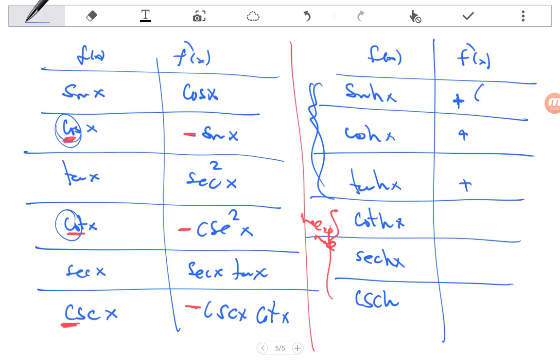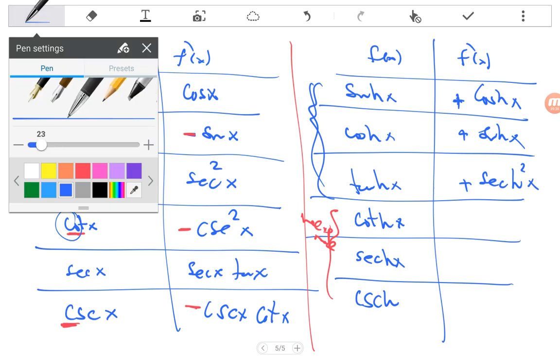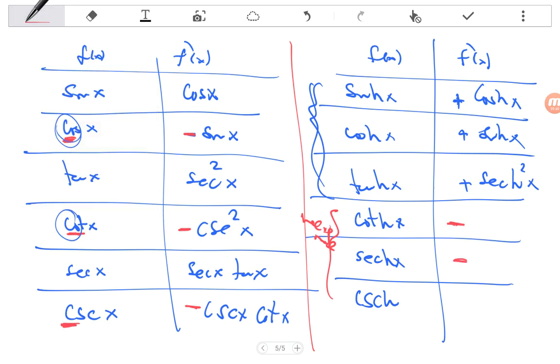What is the derivative of sine? It is just cosine. What is the derivative of cosine? It is just sine. What is the derivative of tangent? It is just sec squared. So what is the derivative of cotangent? Now these are the reciprocals, so the derivative would be with a negative sign. The derivative of these three is with a negative sign.